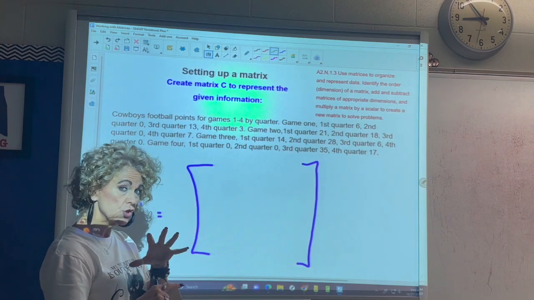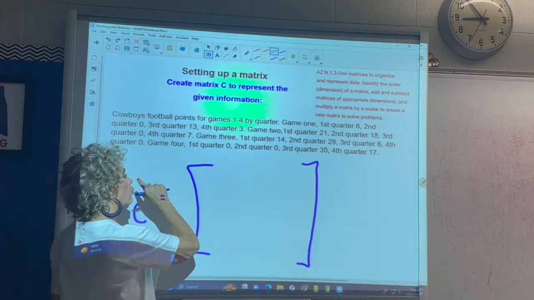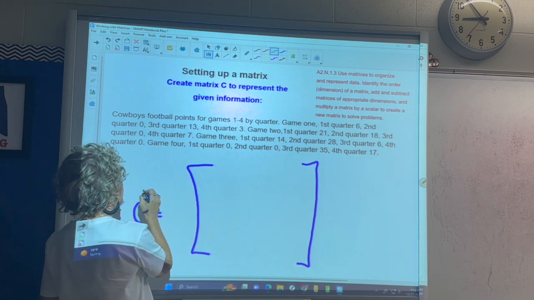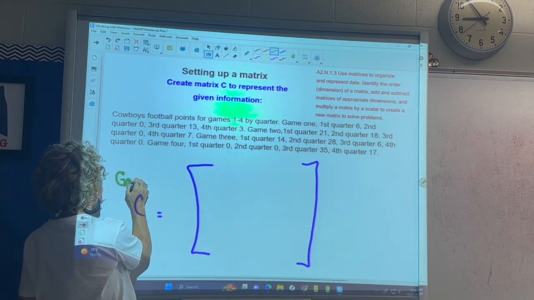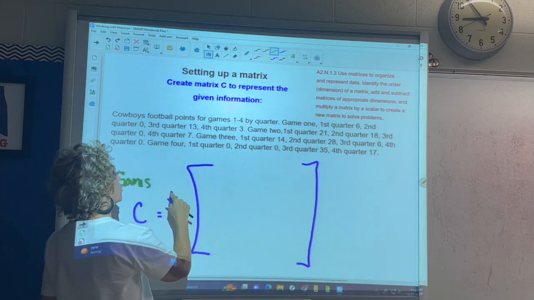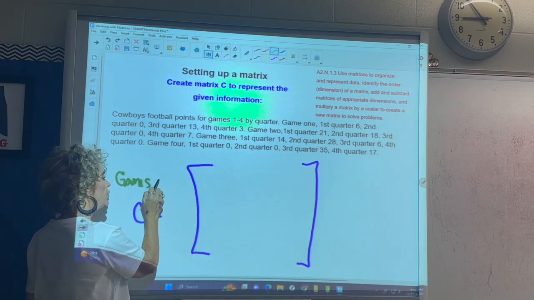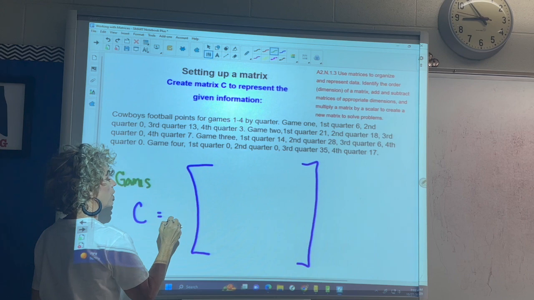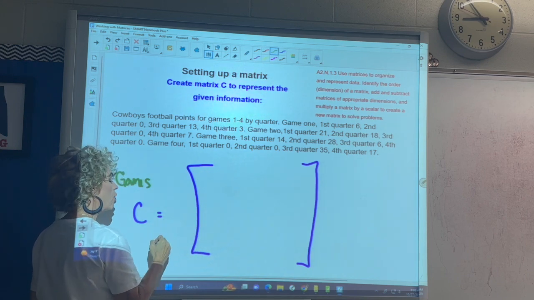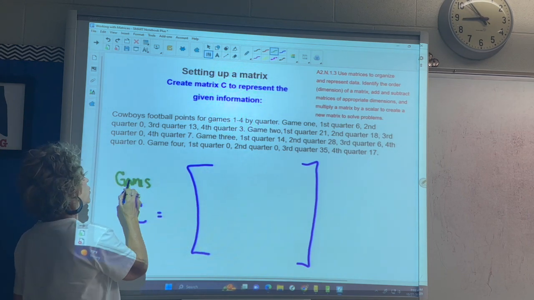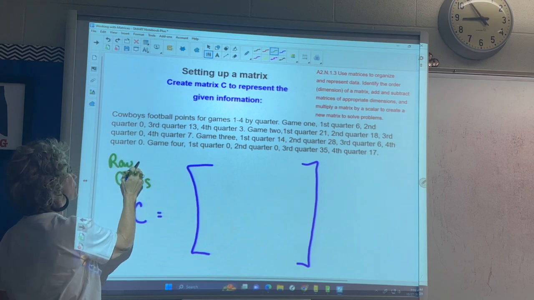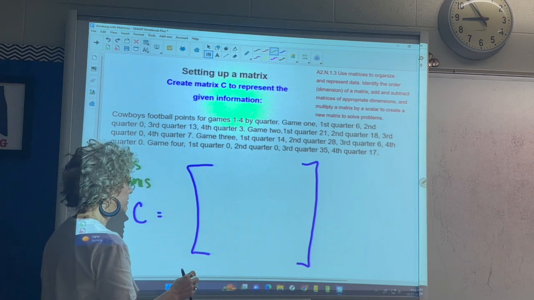I'm going to make a choice. My rows are going to represent my games. So row 1 would be game 1. Row 2 would be game 2. Row 3, game 3. Row 4, game 4. So my rows are going to represent my games, okay?